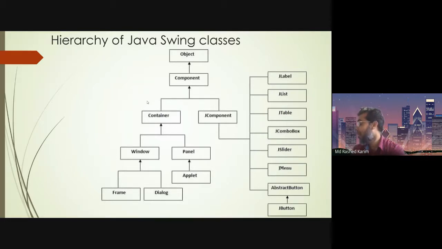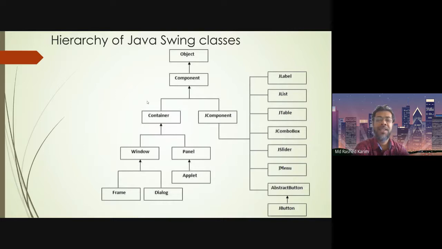You see the label, list, table, combo box, slider, menu, button, so many things. And the container has window, panel, applet, frame, dialog. That means how to organize your window. It's called the container, meaning how you will organize your components.